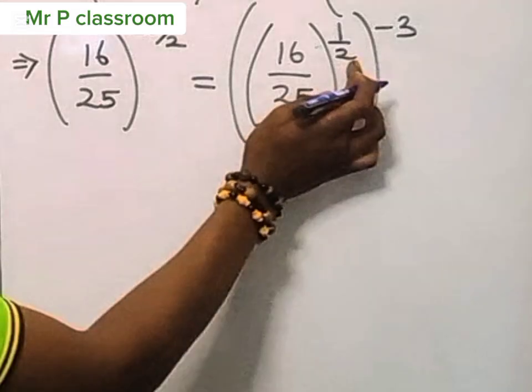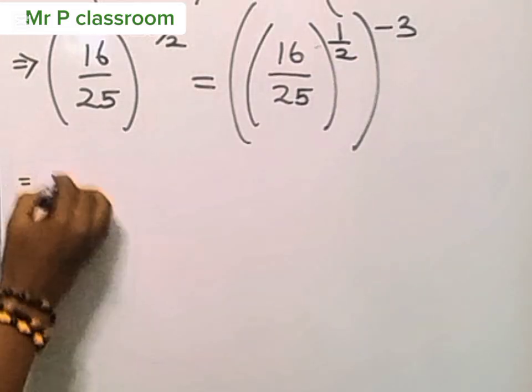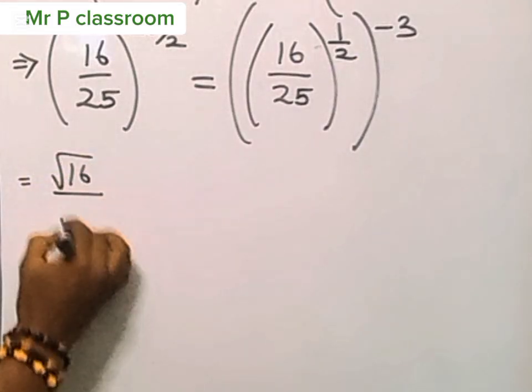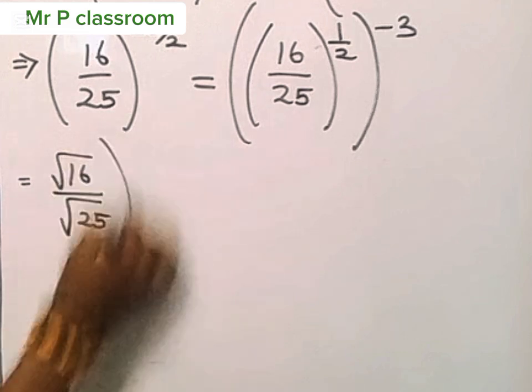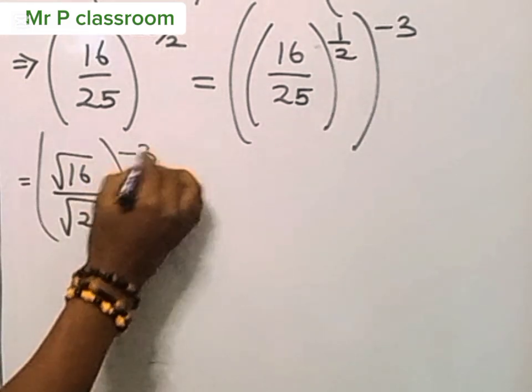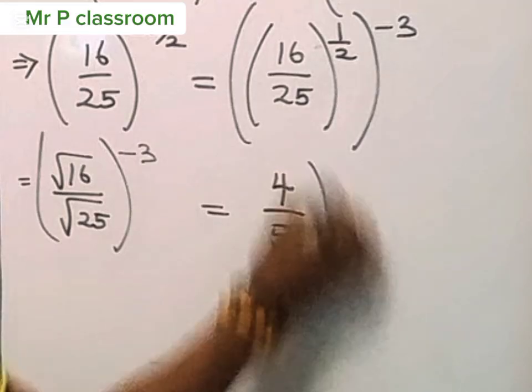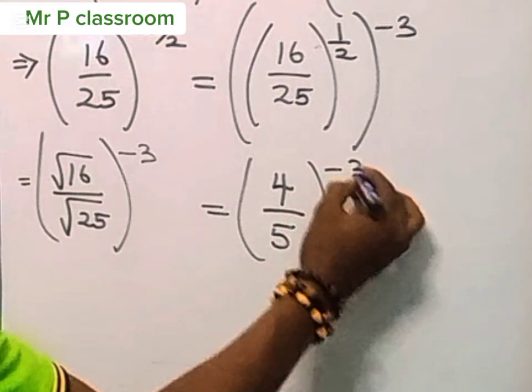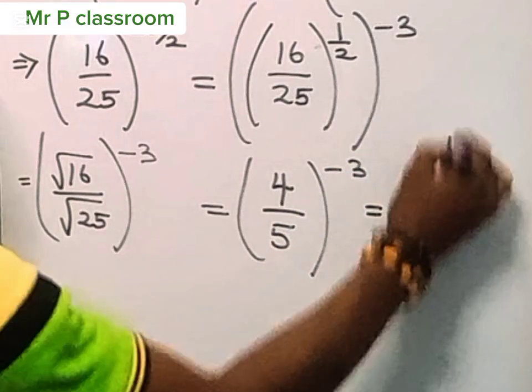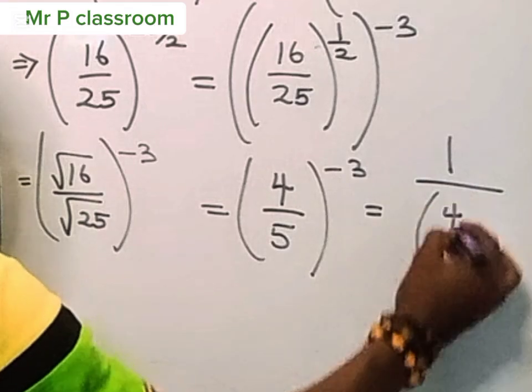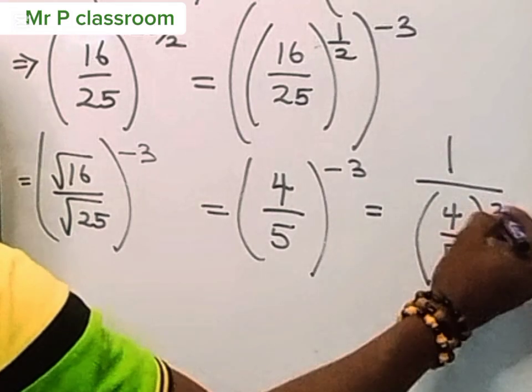Okay, so this 1 over 2 here means you find the square root of 16 over the square root of 25 all into bracket minus 3. Square root of 16 is 4, square root of 25 is 5, bracket minus 3. So this is the same thing as what? 4 over 5 raised to the power of minus 3, which is 1 over 4 over 5 raised to the power of 3.